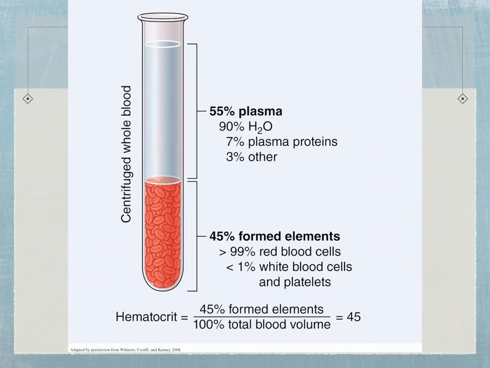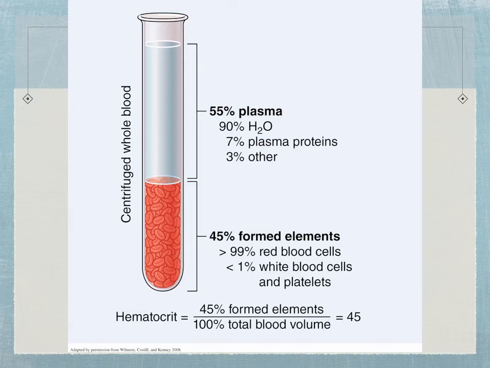When we look at our blood, we know that our blood transports oxygen. We see that we have plasma, which is a liquid portion of our blood, which is by far mostly comprised of water. And then we have our formed elements, which are our red blood cells, our white blood cells, and our platelets.